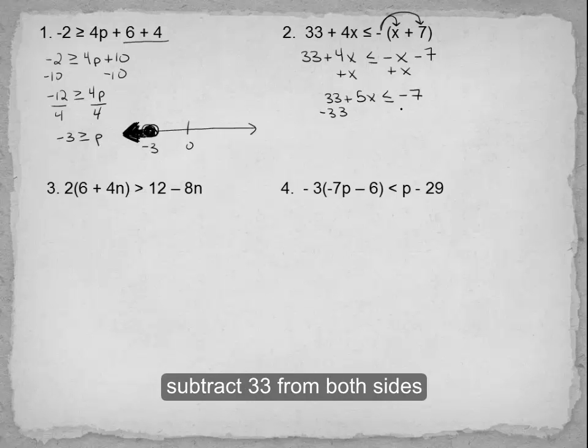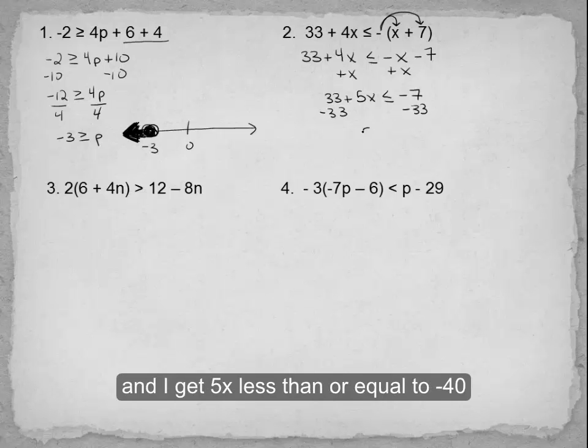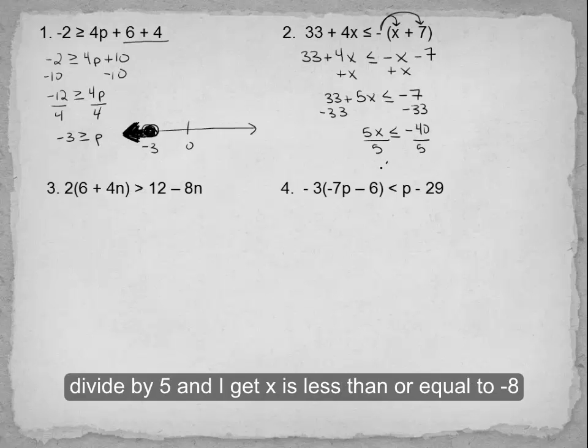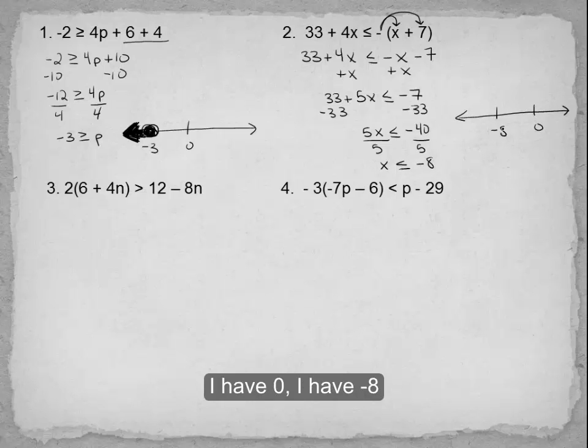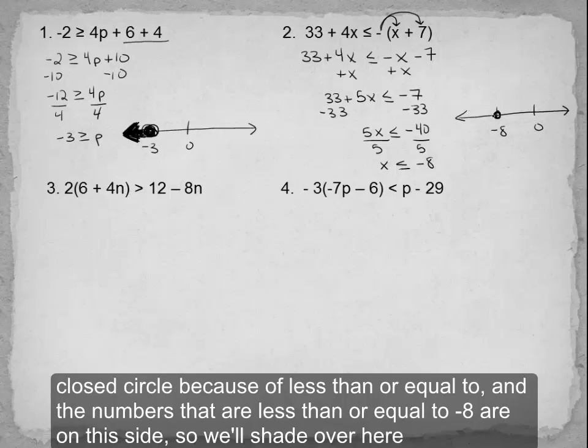Subtract 33 from both sides, and I get 5x is less than or equal to -40. Divide by 5, and I get x is less than or equal to -8. I have 0, I have -8, closed circle because of less than or equal to, and the numbers that are less than or equal to -8 are on this side, so we'll shade over here.